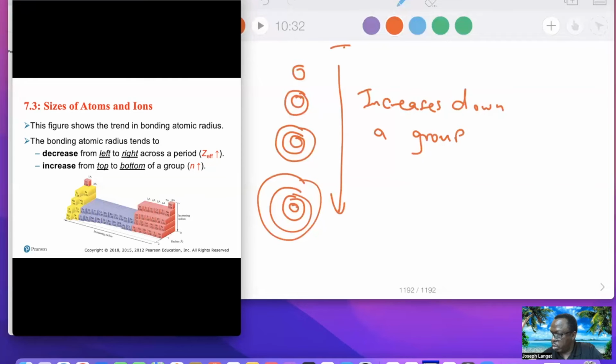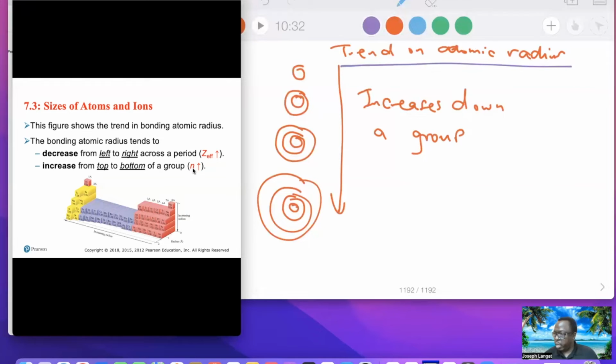This is a trend on atomic radius. You look at that atomic radius as we go, we are increasing n number.